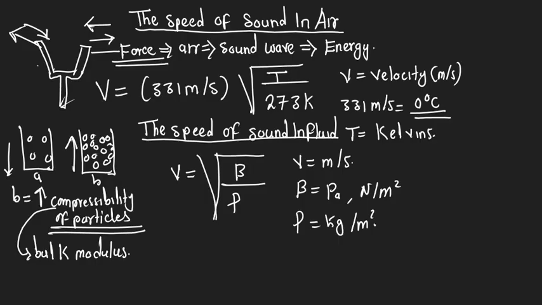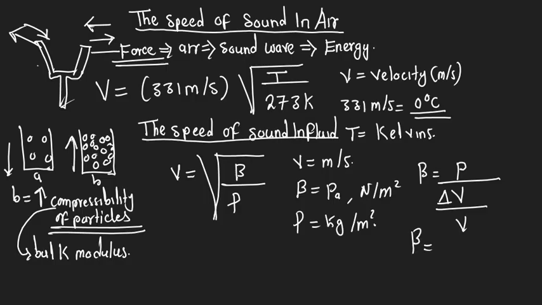In case you have not been given the bulk modulus, it can be found by using the formula: pressure over the change in volume, multiplied by the initial volume.